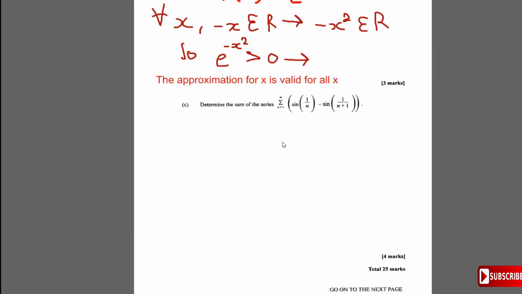Part C. Deduce the sum of this series. So to deduce the sum, this looks like the method of differences.